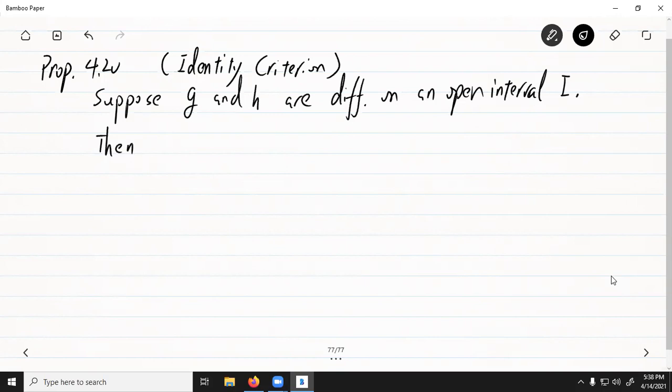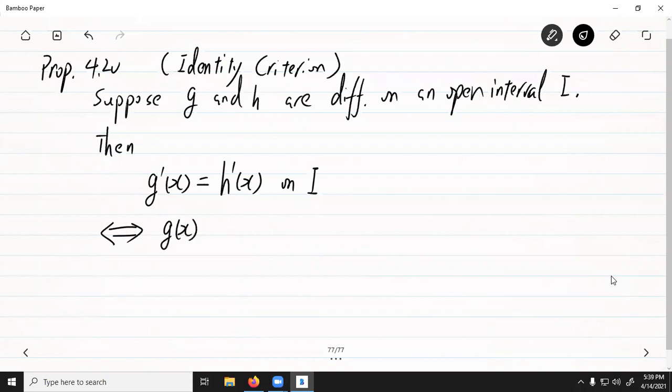Then the result is g prime equals h prime on I, on the whole interval I, if and only if g is equal to h of x plus a constant C, where C is a constant.